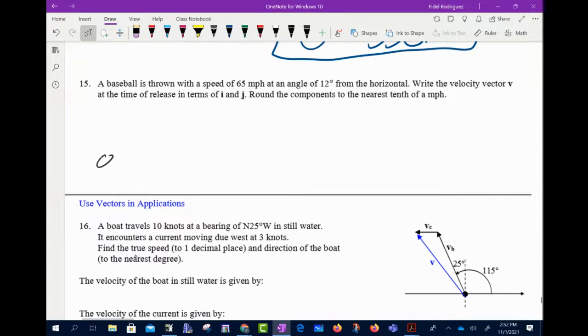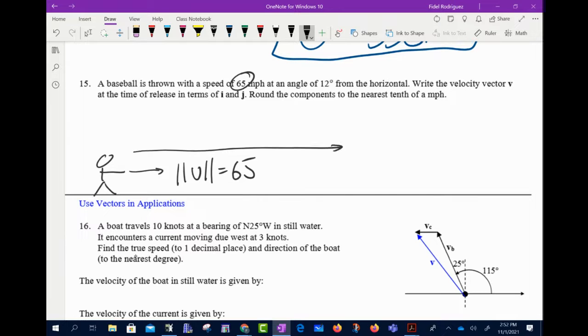Okay, so here's our pitcher, and he throws the baseball, and it's going in that direction. And we know that the speed is how much? That is our magnitude, okay? So 65 miles an hour, and it says at an angle of 12 degrees from the horizontal.